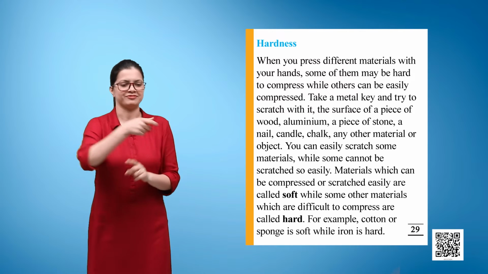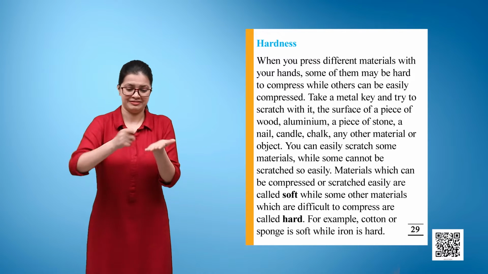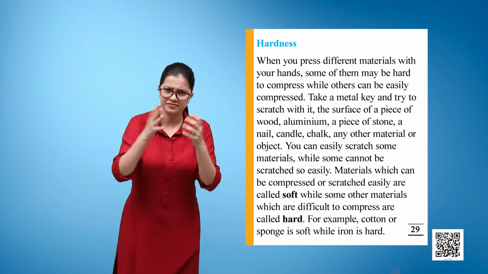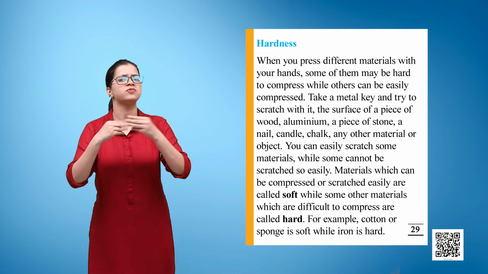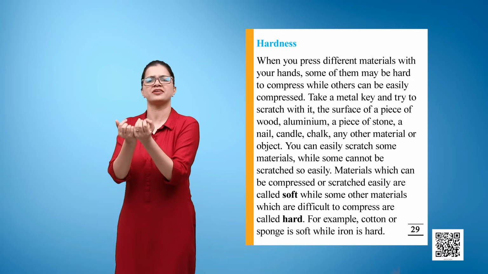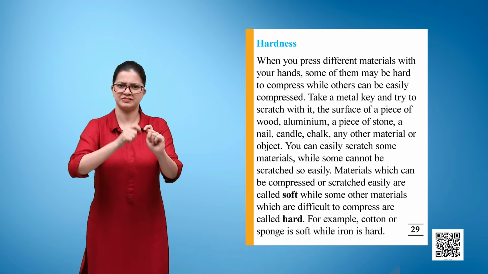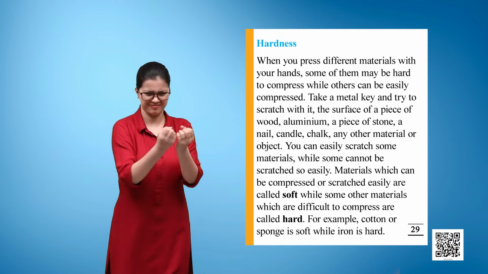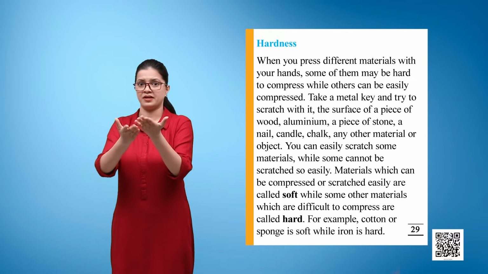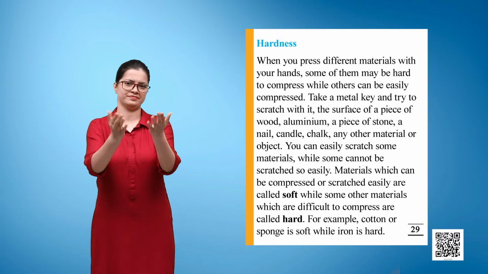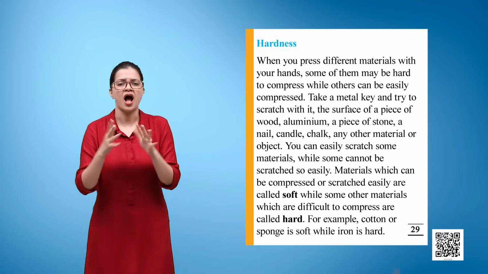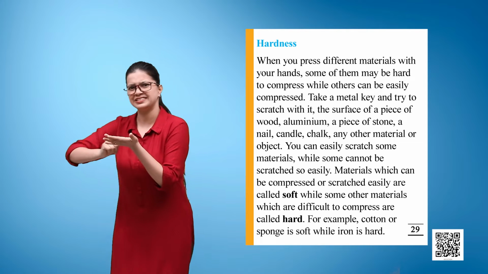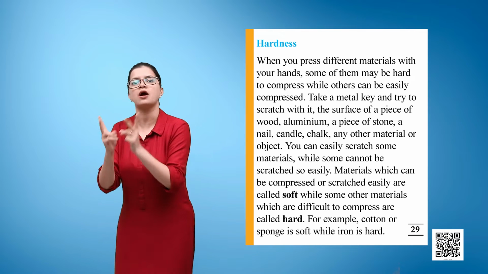Take a metal key and try to scratch with it the surface of a piece of wood, aluminium, a piece of stone, a nail, candle, chalk, any other material or object. You can easily scratch some materials, while some cannot be scratched so easily.